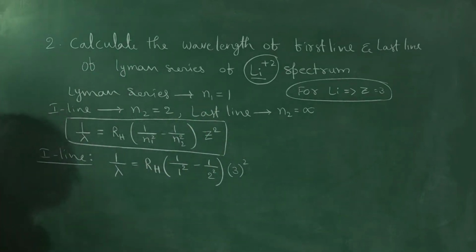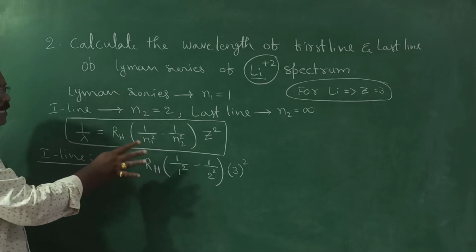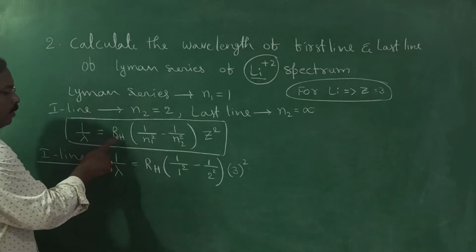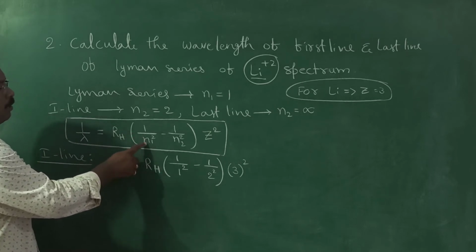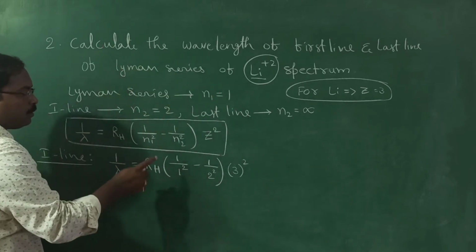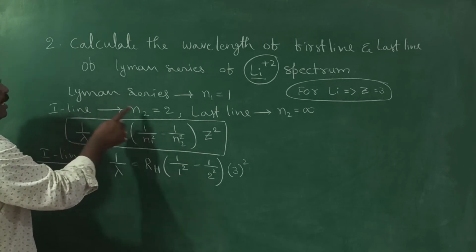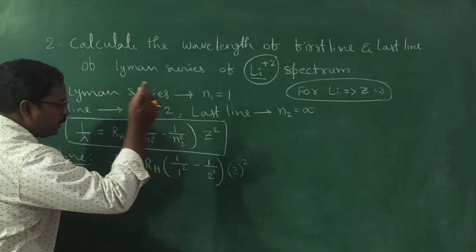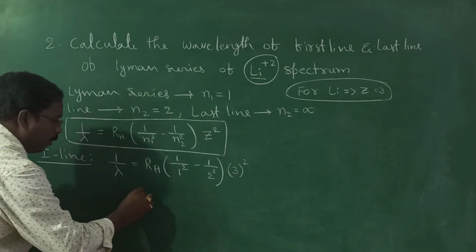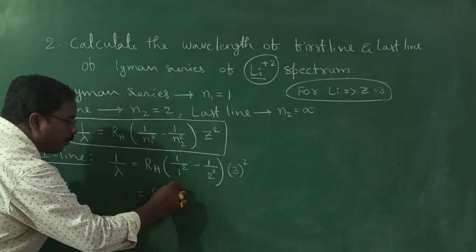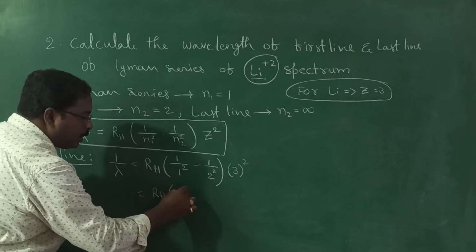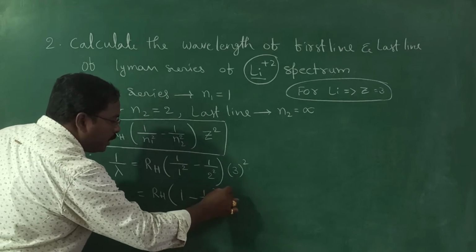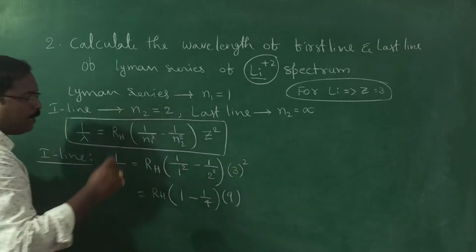Understood? I kept RH like that; at the end we can substitute that value. N1 for Lyman series is 1, N2 for the first line of Lyman series is 2, and the atomic number of lithium is 3. Now, RH into what will come? 1 by 1 square, nothing but 1 minus 1 by 4, and 3 square means 9. Got it?